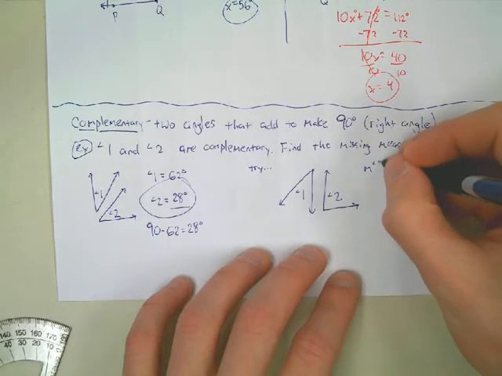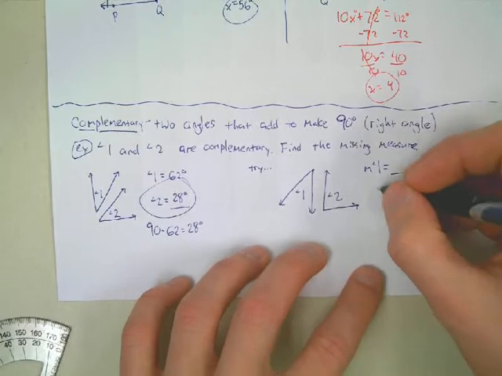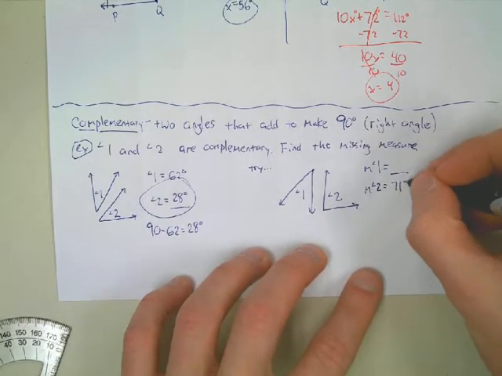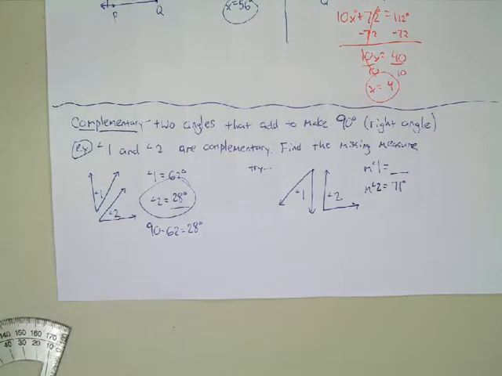And then the measure of angle 2, that'll be 71 degrees. Okay? So go ahead and find the measure of angle 1 there, given the fact that 1 and 2 are complementary. I'll come around and help if you get stuck on something. Or if you think you got the answer, I'll come around and check it too.